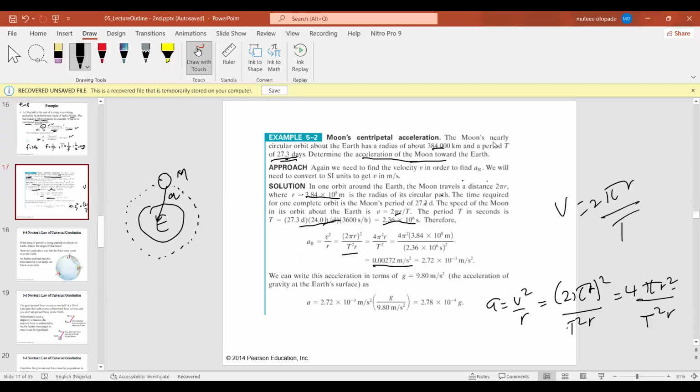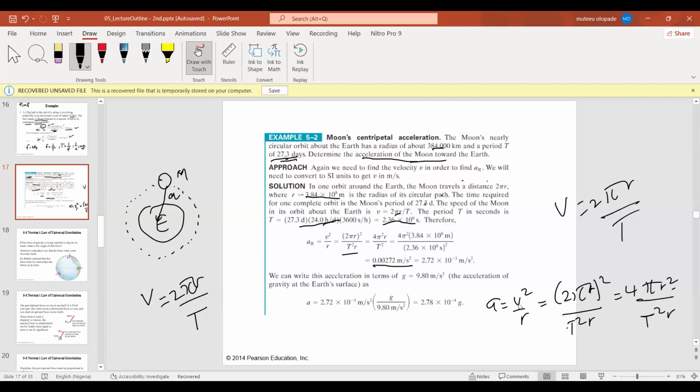So, sir, in the solving, you wrote there that a is equal to v squared over r, then for circular motion, 2 pi r squared over t squared r. I didn't get the t squared, because only the period was given; we were not made to know it in the question. Remember that v is equal to 2 pi r divided by t.